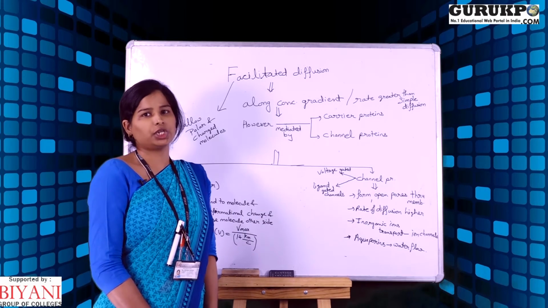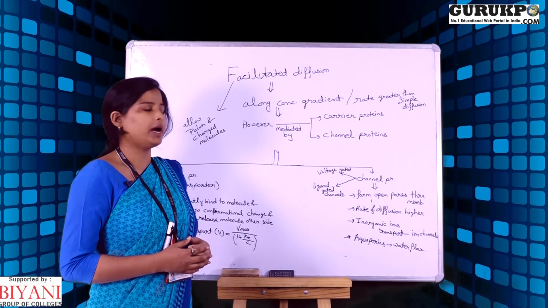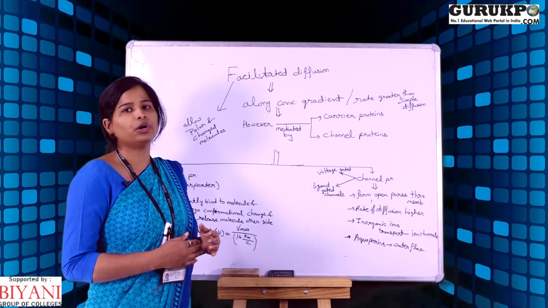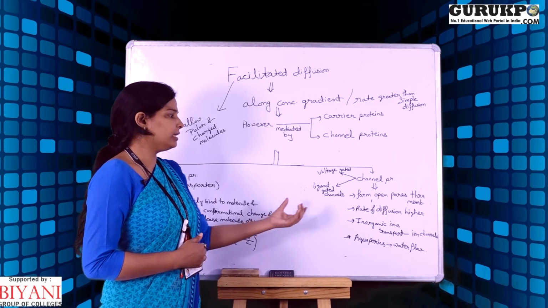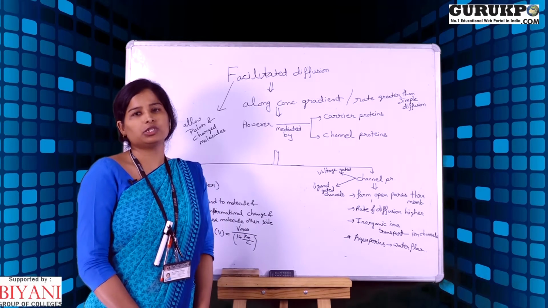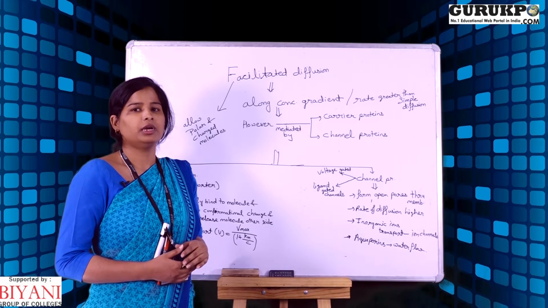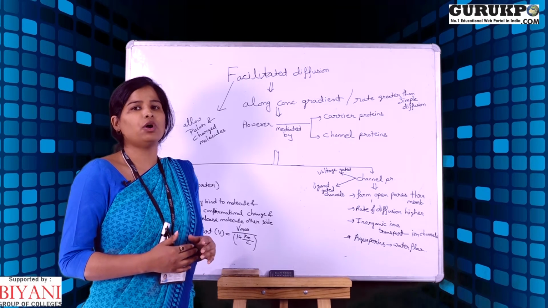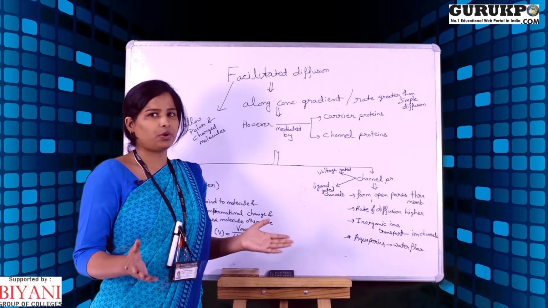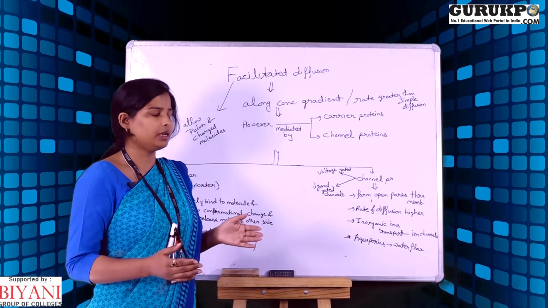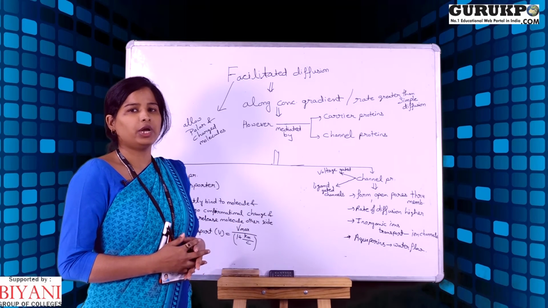Voltage gated channel proteins open the channel in response to a change in the voltage or electrical potential across the plasma membrane, while ligand gated channels open in response to the binding of a ligand. These channel proteins form open ports through the plasma membrane through which molecules can go across the plasma membrane.